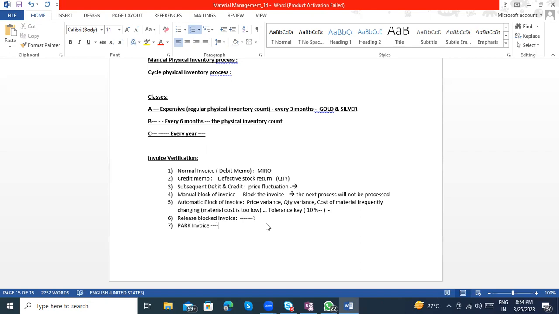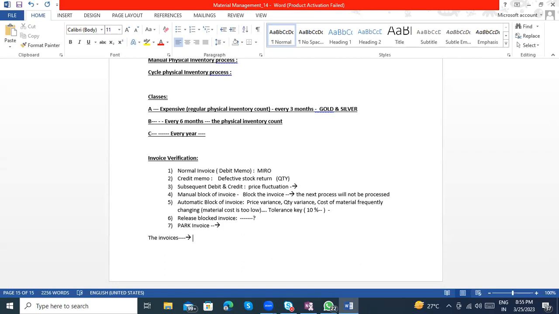Now there is one more process, which is park invoice. Does anyone know about the park invoice? No. Okay. When we are posting invoices, the superior or manager will not always post them, because there are so many other activities they have to perform.